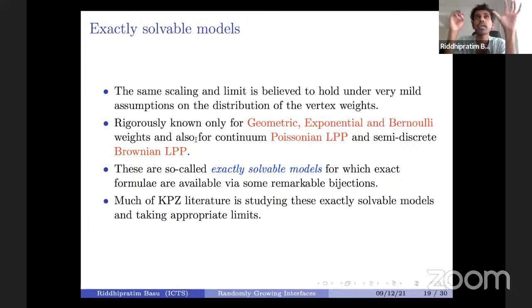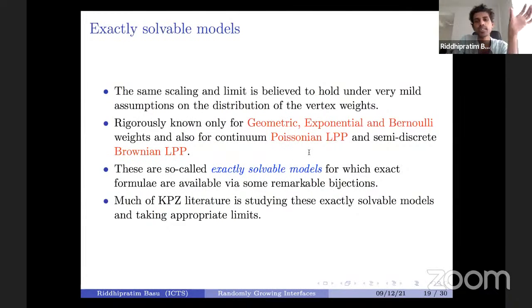But unfortunately, we are still quite far from understanding the universal behaviors. What is rigorously known is known only for a handful of models, including the exponential LPP models, also the geometric last passage percolation model. And there are a couple of other models.